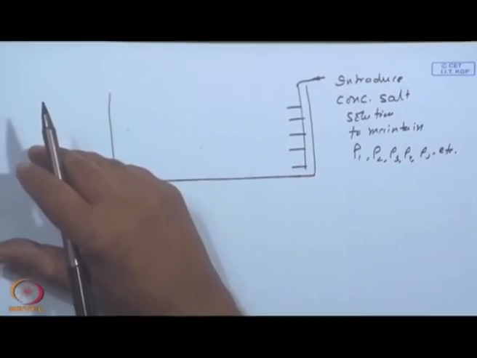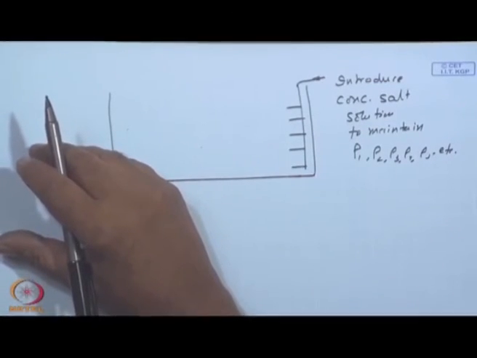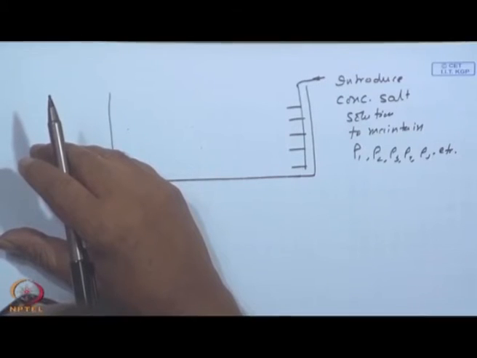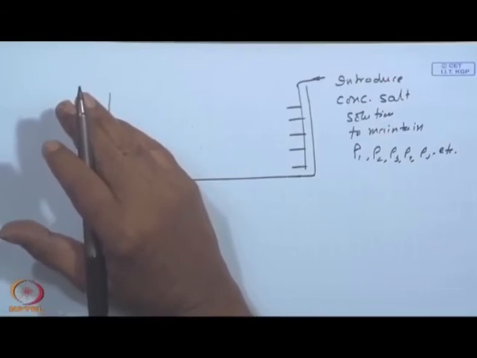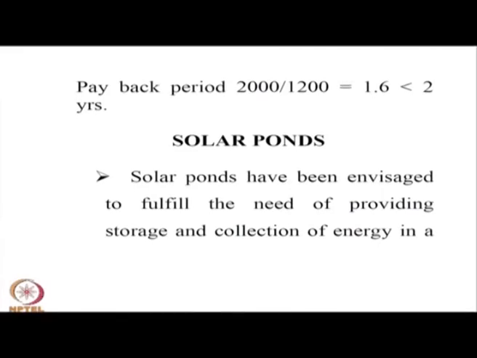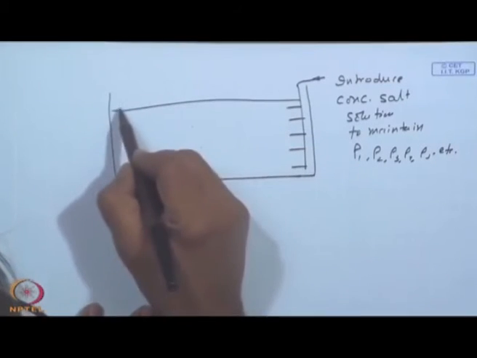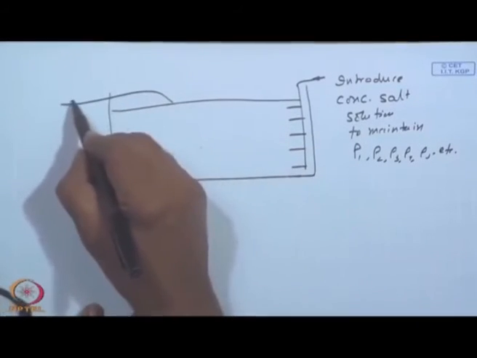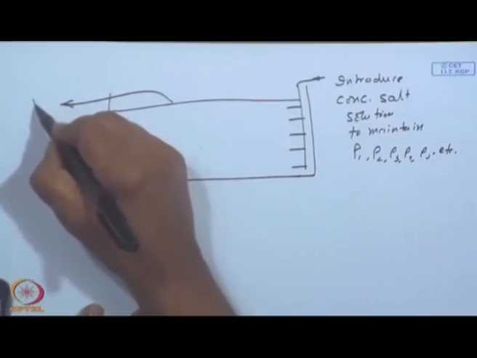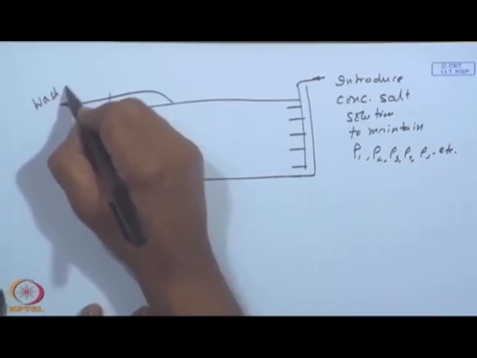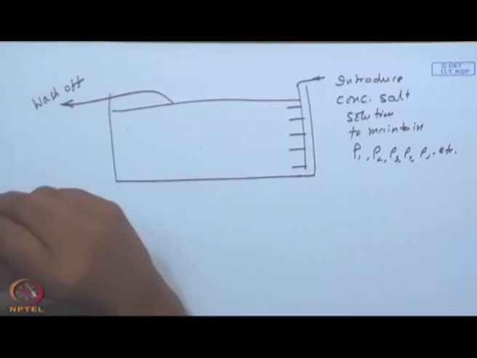So, you will add the required quantity of concentrated salt solution to maintain rho 1 to rho 5 as rho 1 to rho 5. And the topmost layer, which has become more salt ridden, you wash off with fresh water. Okay?